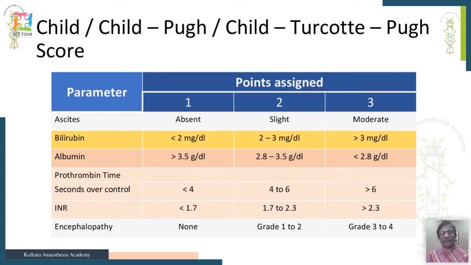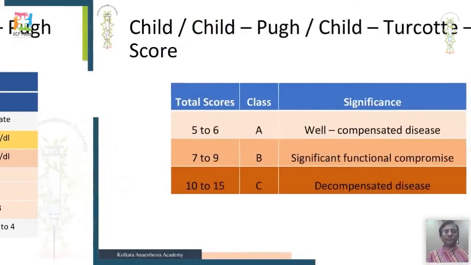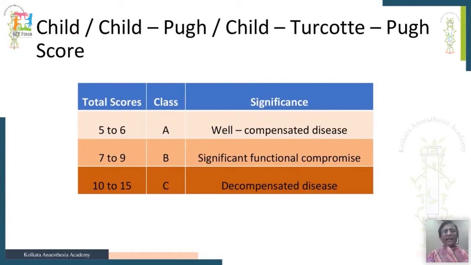It is either prothrombin time, and I think it is easier to remember it just with INR: less than 1.7, greater than 2.3, scoring 1, 2, and 3, and the presence or absence of encephalopathy and its grades. Then you give them the scores on these 5 and get the total score.